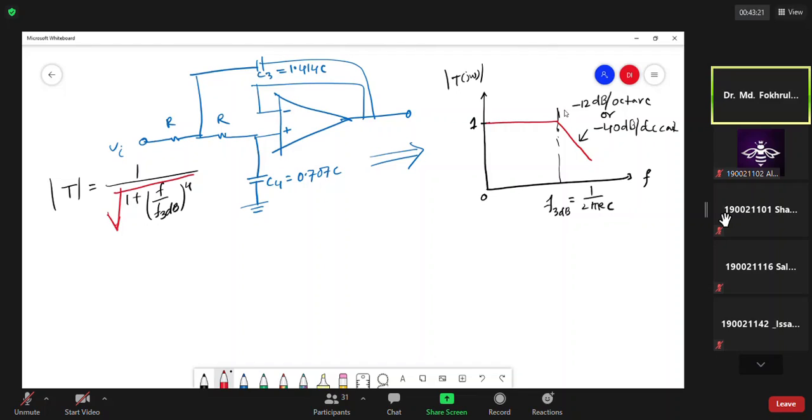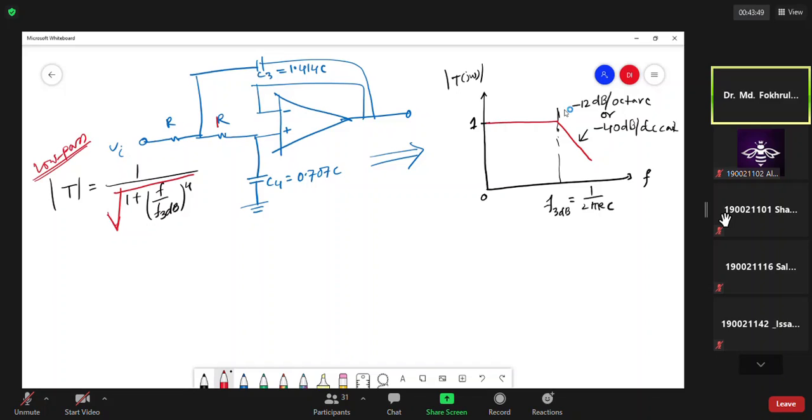Okay, so that is the transfer function of the 2 pole low pass. In the same way we can derive the characteristics of the high pass filter as well. In order to get the high pass filter, simply if we change the place of the capacitor and the resistor, we will have the high pass filter.